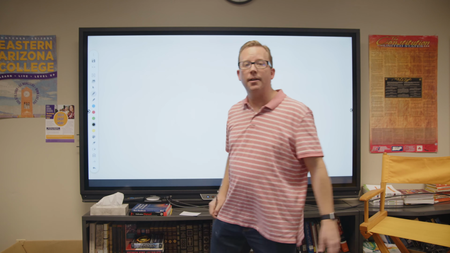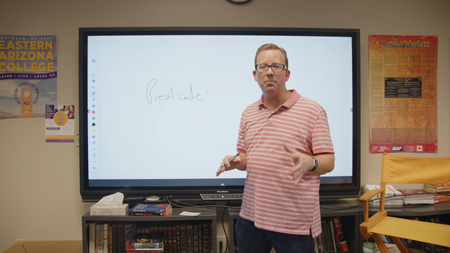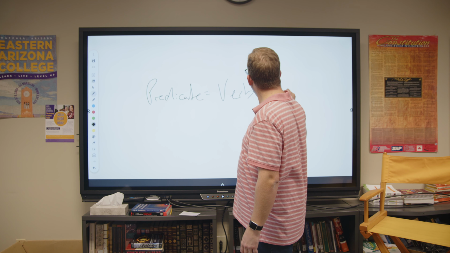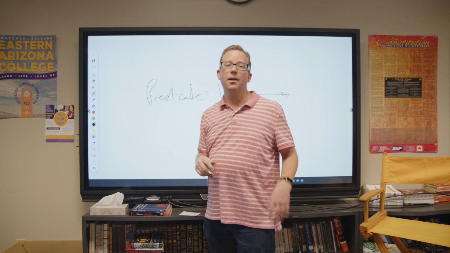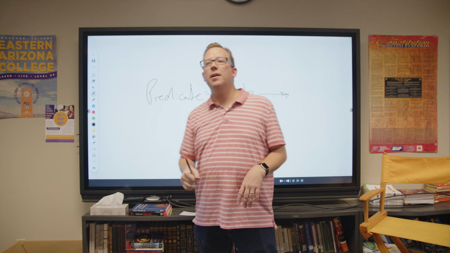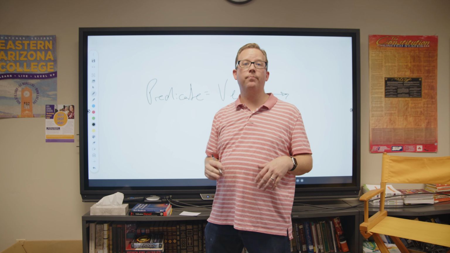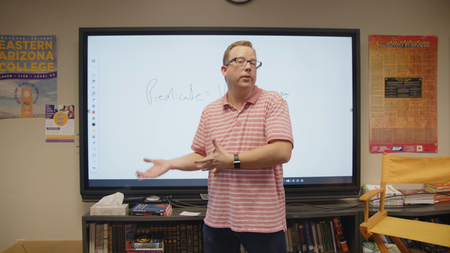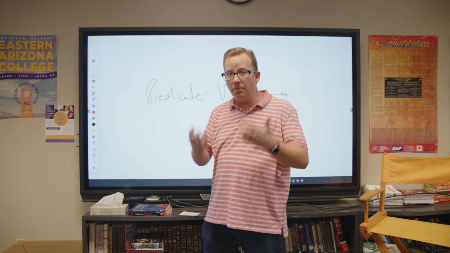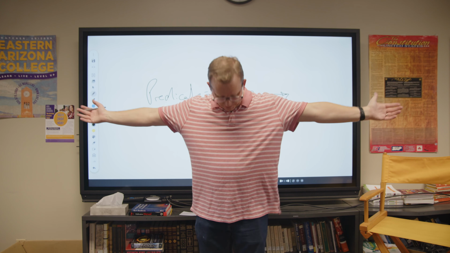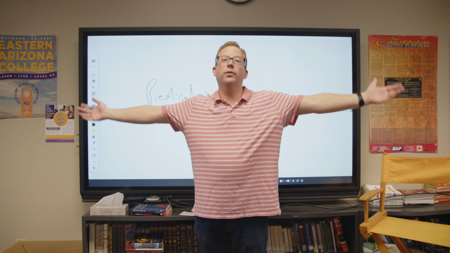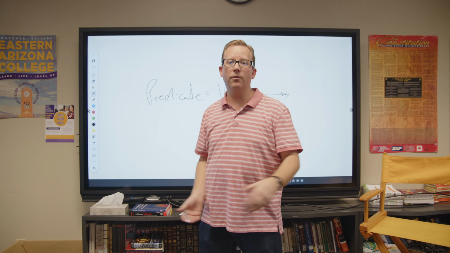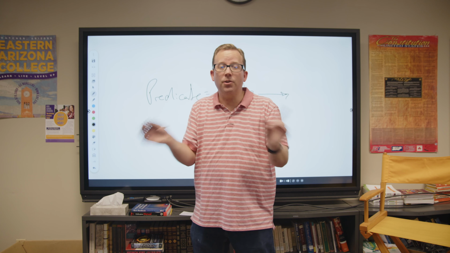Predicate. It's going to be a phrase that starts with a verb and then has some sort of description. That description may be what the subject is doing, what the subject has done, what the subject will do, or it may be a description of the subject, like the color of their clothes or their hair or however many there are of them. This is what sentences do.